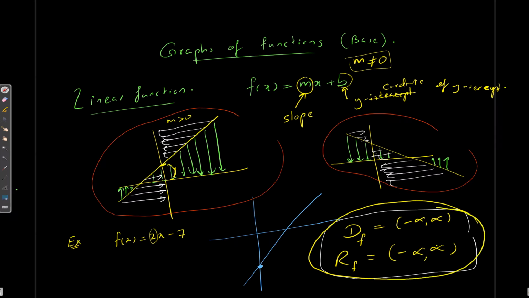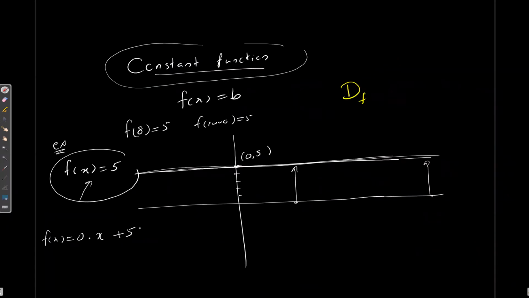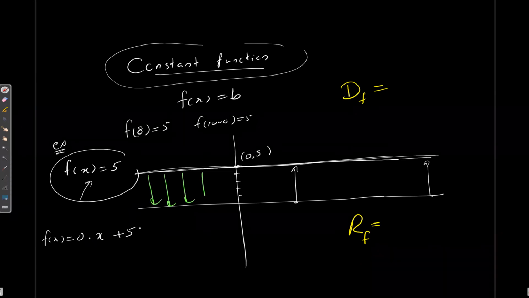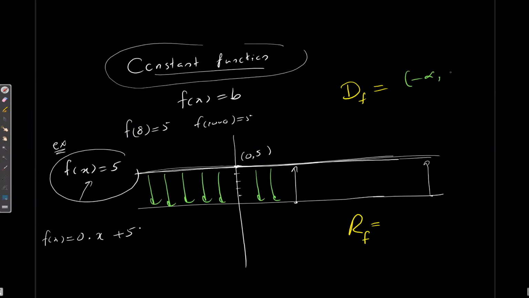That's why I did it, because except for constant functions, this is true for all linear functions. Now if I ask you what is the domain and range of this function over here, what would you tell me? Domain, no problem. The shadow, well, it's everything, negative infinity to infinity.